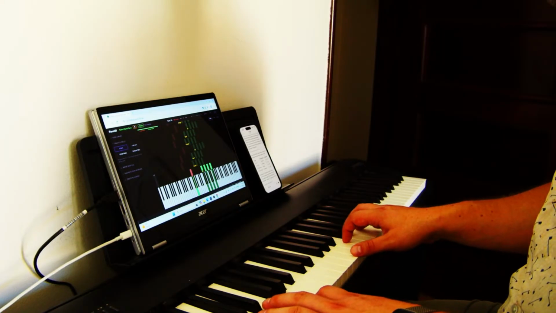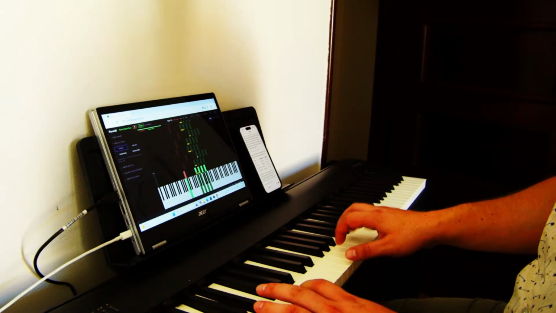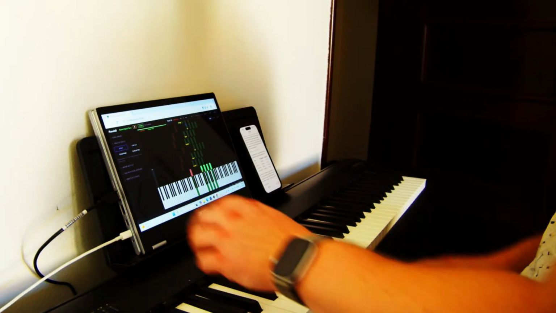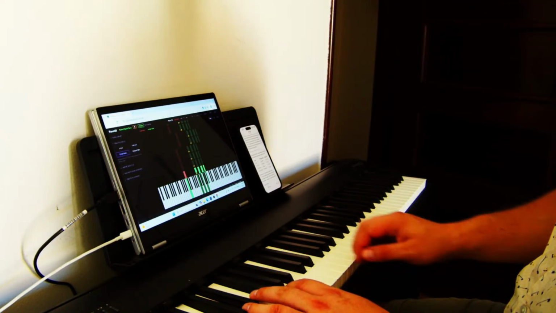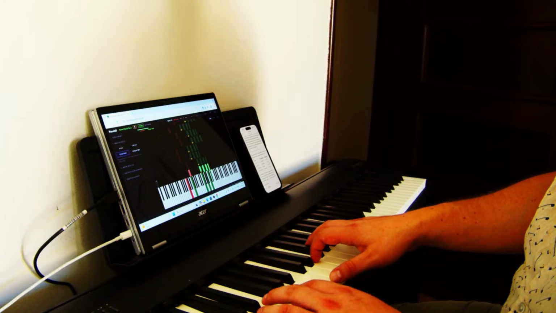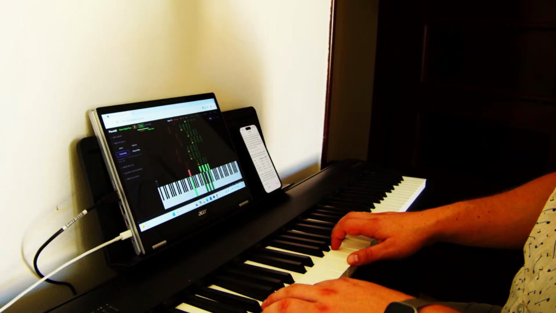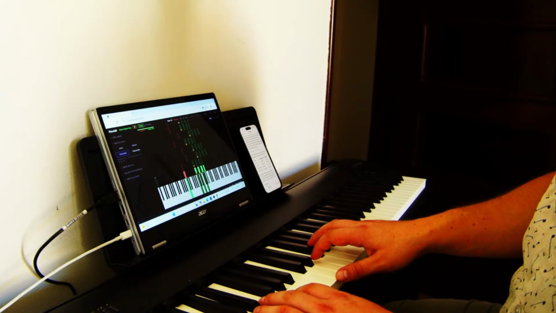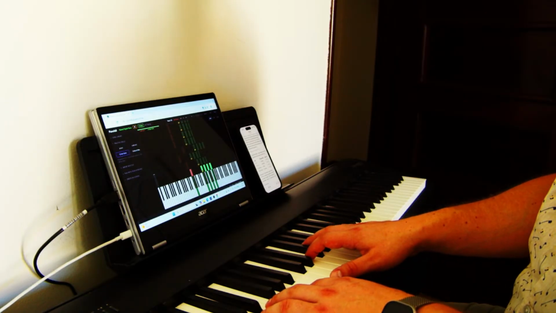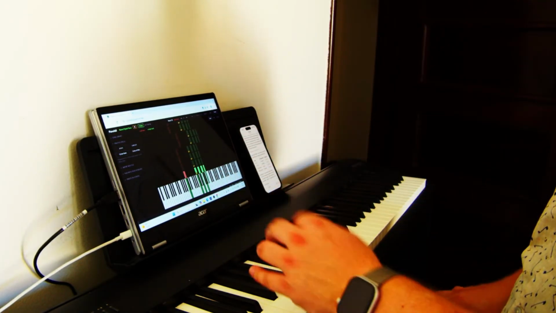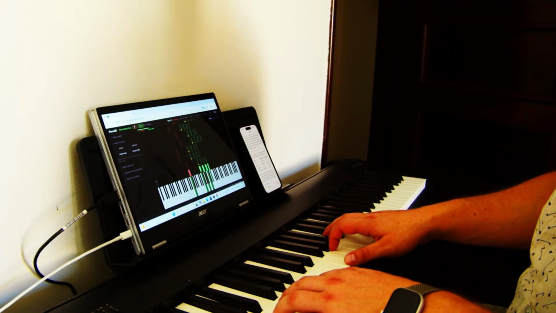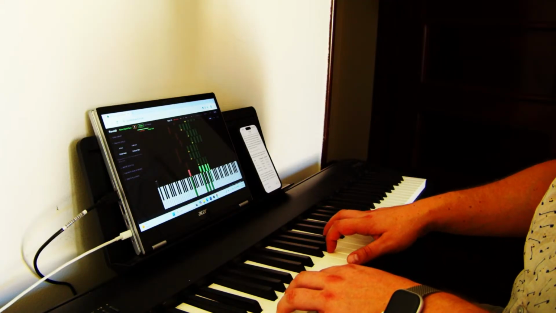I don't like this progression, doesn't sound good to me. 12-bar blues. I don't know, is this the right way of integrating this? Oh, maybe it's played at the same time. I'm not playing it at the same time. Don't like it. Oof.